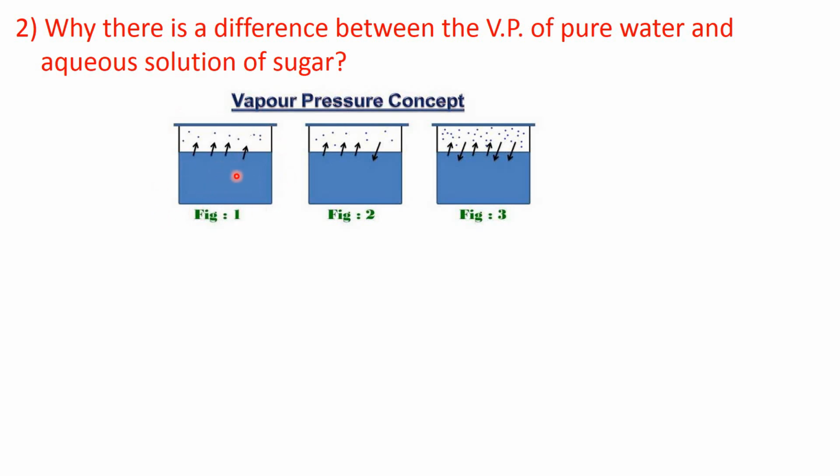Now, from this solvent, some vapors are formed and those vapors exert a pressure on the surface of this liquid. So, at a particular temperature, the maximum pressure exerted by the vapor on the surface of the liquid is known as the vapor pressure of that liquid at that temperature.